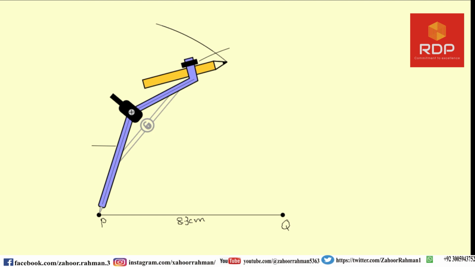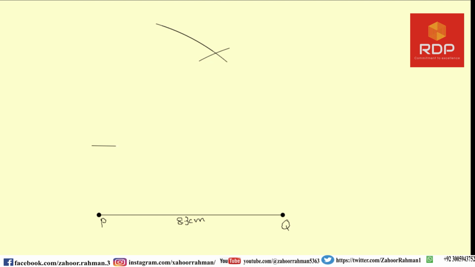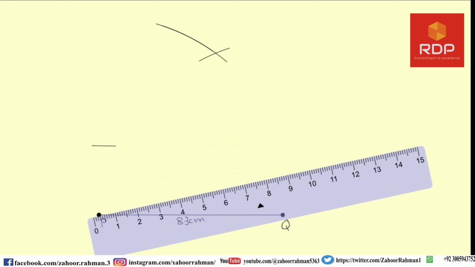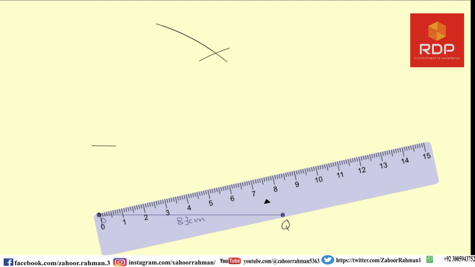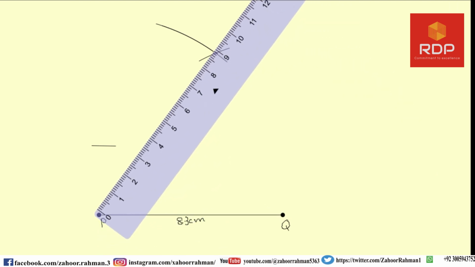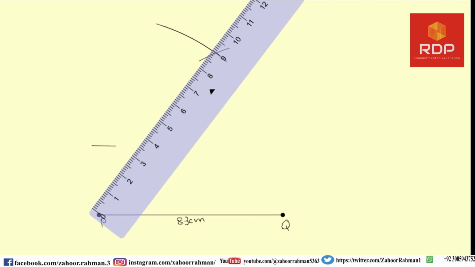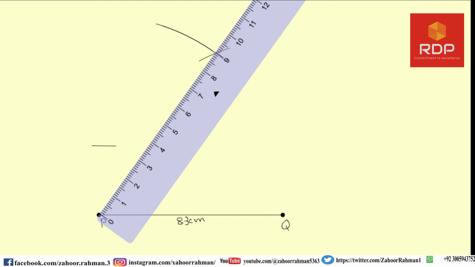So now we have to draw a line which will be equal to 9.2. So if it is 9 and I have to draw a line from here, and that will go all the way to 9.2.